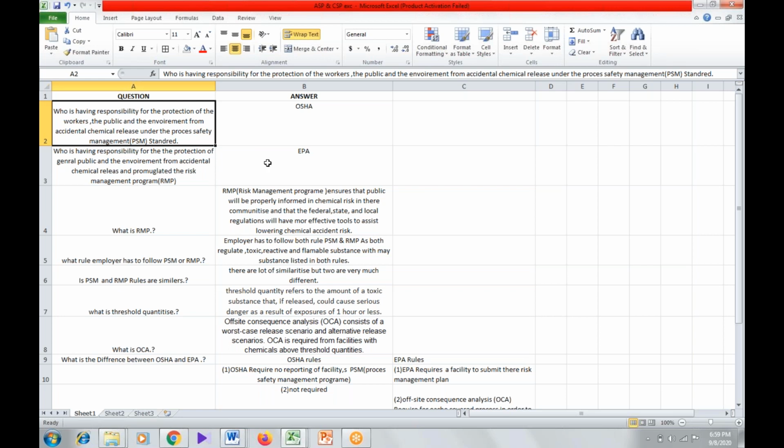So EPA has responsibility for the protection of the general public and environment from accidental chemical release, and OSHA has responsibility for the protection of workers and public and the environment. So this is the difference between OSHA and EPA.